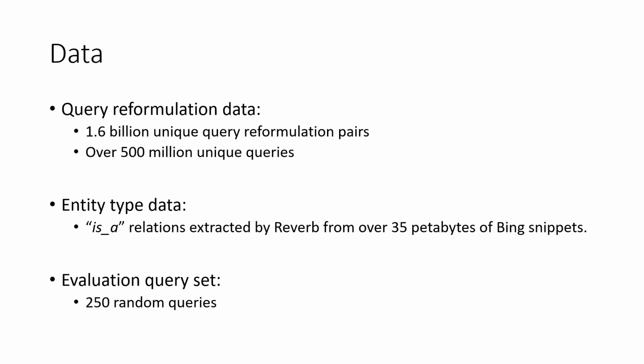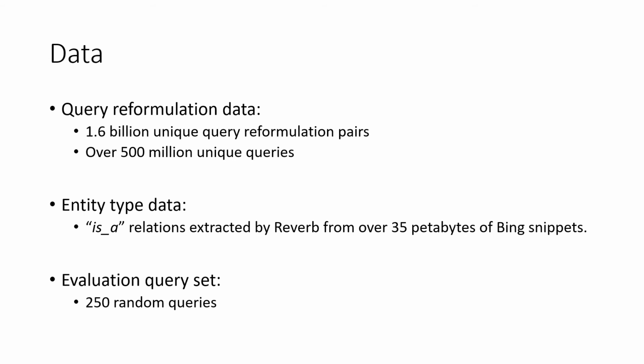The data we used is the query formulation data. We obtained 1.6 billion unique query formulation pairs from Bing. It covers over 500 million unique queries. For the entity type information, we ran ReVerb on over 35 petabytes of Bing snippets, and we only extracted the is-a relations.